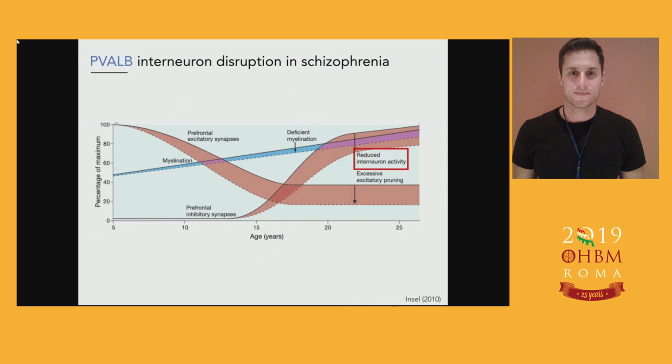And I mentioned that I would give you some data about the role of this interneuron type for liability for schizophrenia, and its reduced interneuron activity is one of the core hypothesized pathophysiological mechanisms of the development of psychotic disorders.